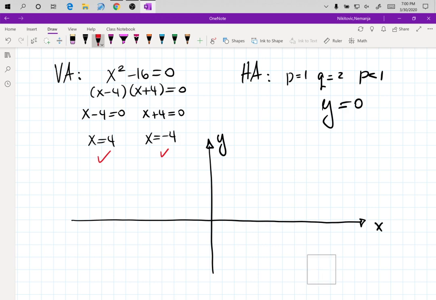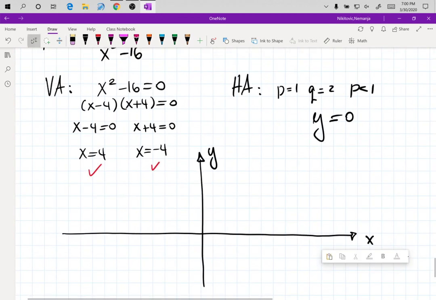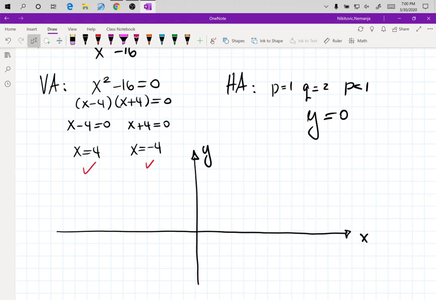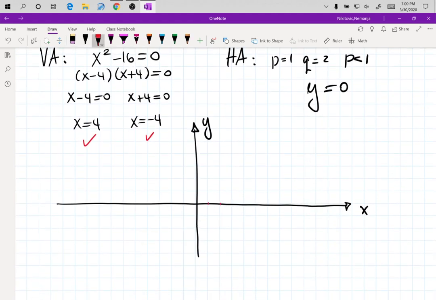I don't know why I made this wide, but whatever. 1, 2, 3, 4. So here is my first asymptote, at x equals 4. And then 1, 2, 3, negative 4 is the other one over here.